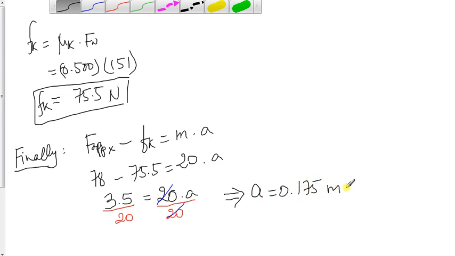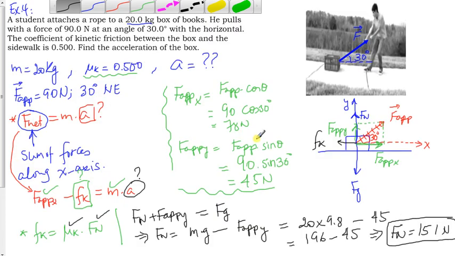The unit for acceleration is meter per second squared. Okay, so yeah, I know it's kind of long. So many steps are done in this problem. The only thing that is different from the previous problems is that the F applied is at an angle with the horizontal. So this forced us to find components, x component and y component. Then from the components we found Fn, but Fn in this case is not equal to Fg.